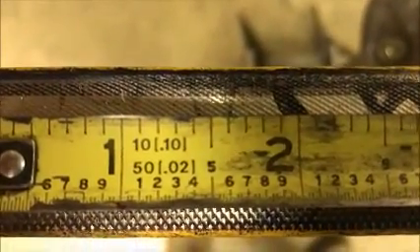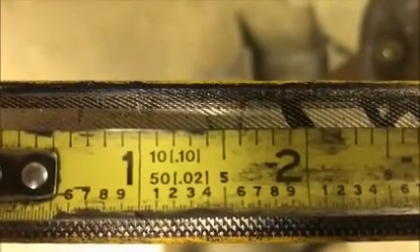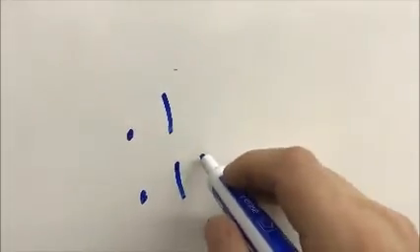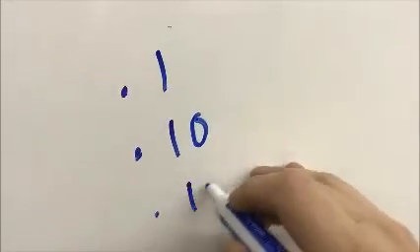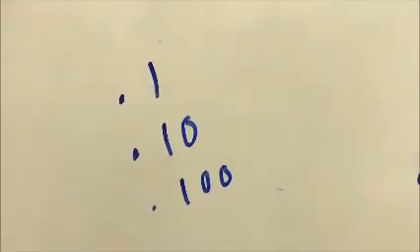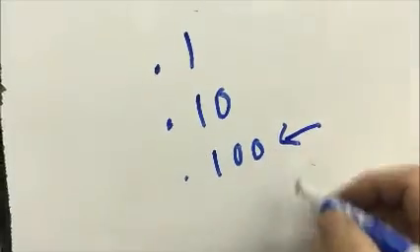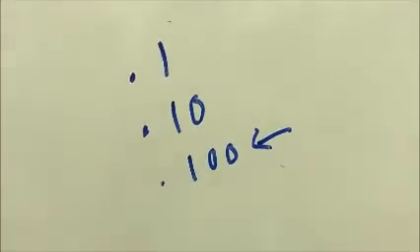Each big line you see between 1 and 2 equals 0.10, a tenth. Some people may call it 10 hundredths, some may call it 100 thousandths, depending on who you are and what tolerance you work to. A lot of machinists will call it 100 thousandths because they work to 3 decimal places all the time.